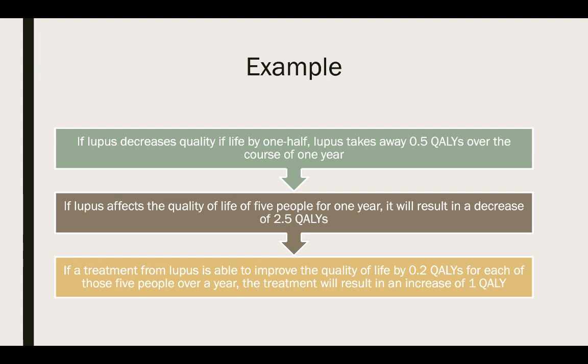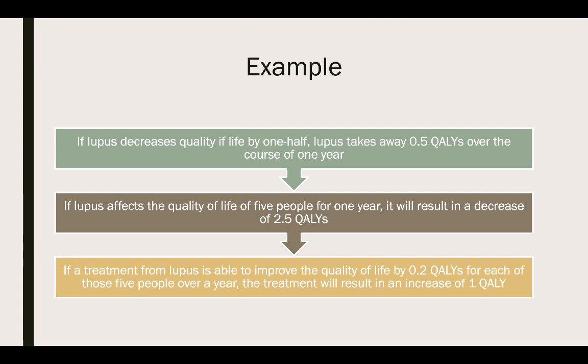And we can expand that again. Let's take 5 people with lupus, all losing 0.5 qualities over a year. We've got a loss of 2.5 qualities. And then, we can treat lupus, but maybe the treatment improves quality of life by 0.2 qualities.